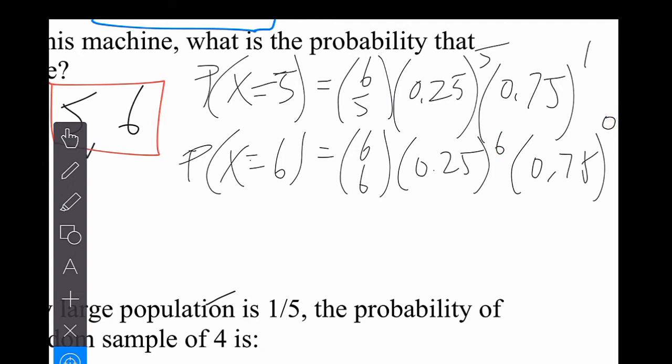So to simplify a bit, 6 choose 5 will be 6, right? Because the number of ways of seeing 5 successes out of 6, 1, 2, 3, 4, 5, 6. So 5 successes would look like this.